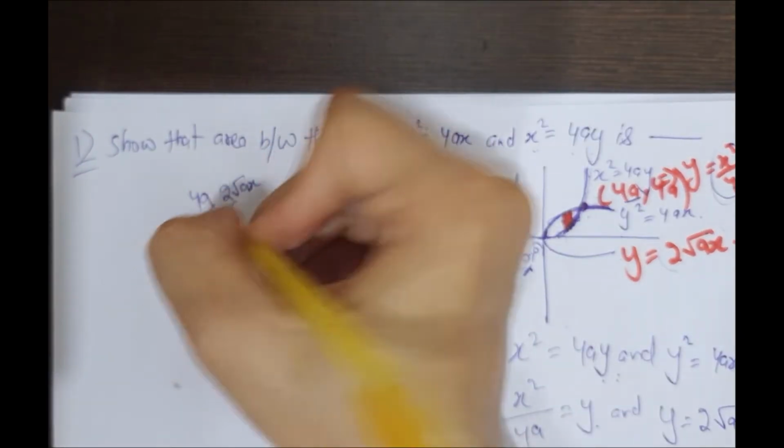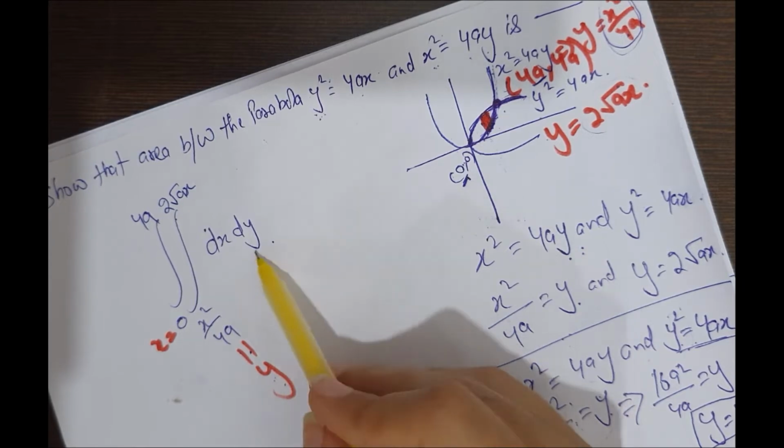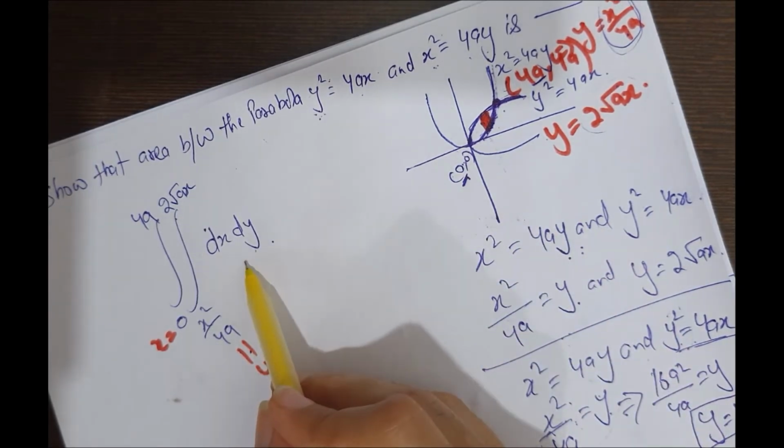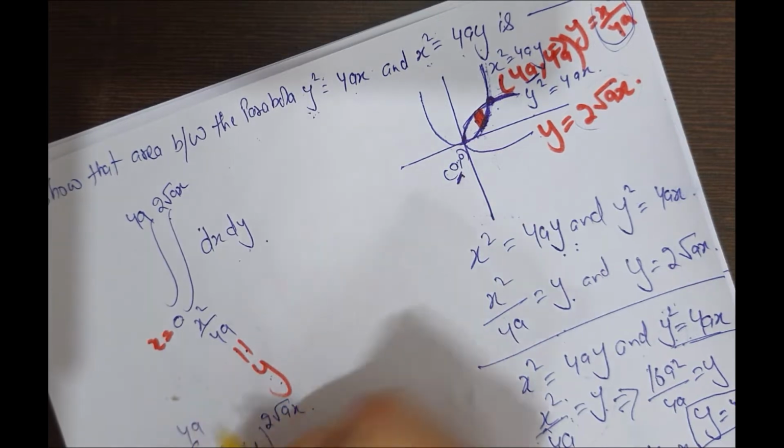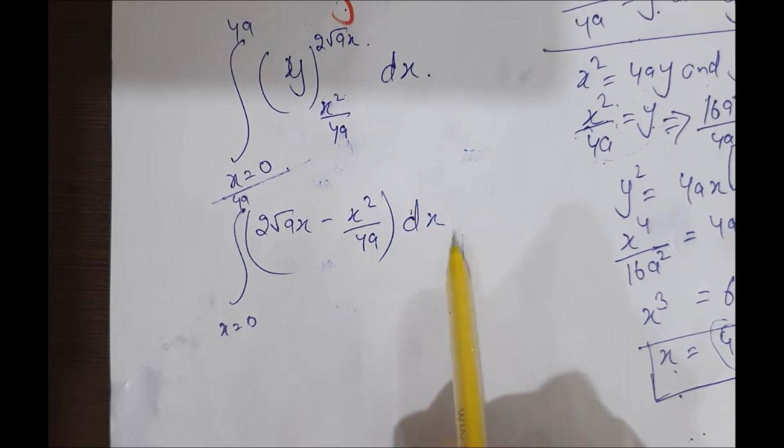0 to 4a. First of all, we have the limit of y, so integrate firstly with respect to y, then x. If we integrate with respect to y, the limit of x will remain intact. Now integrate with respect to x.